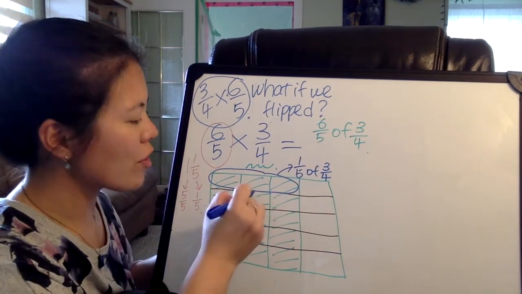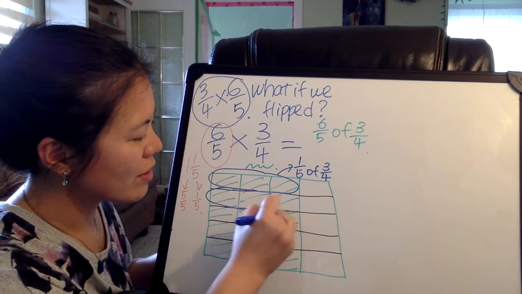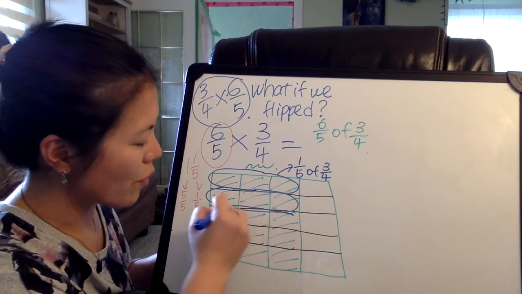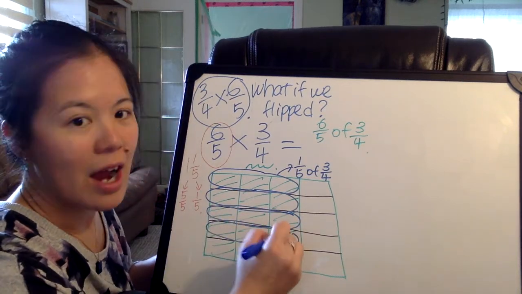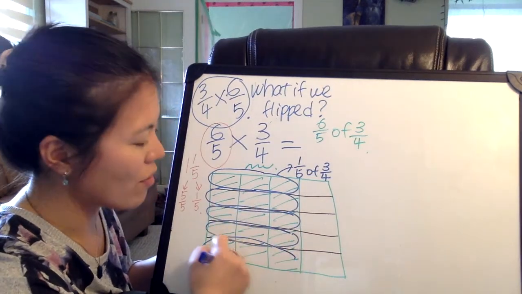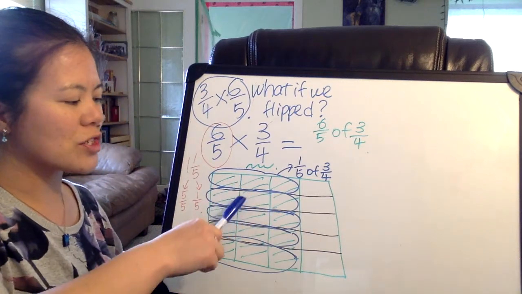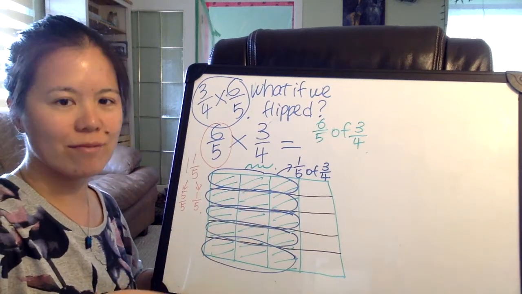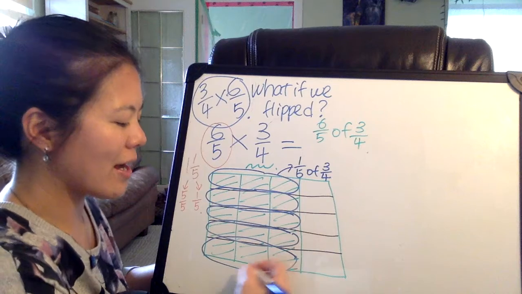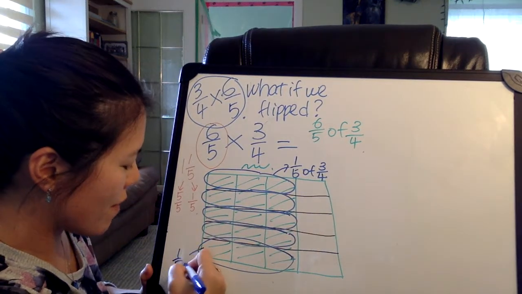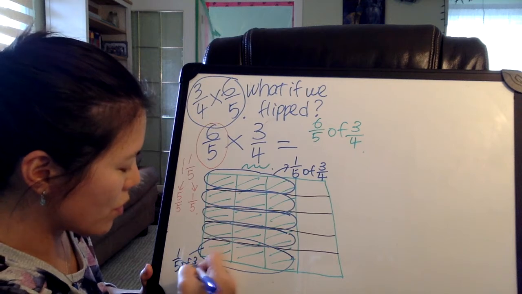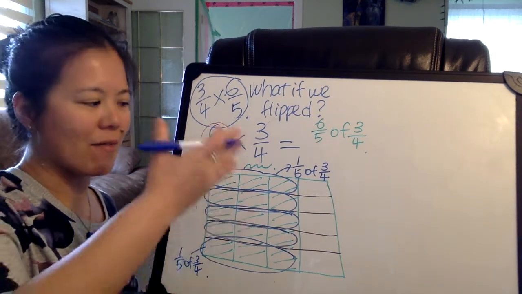I have another 1/5 right over here, another one over here, another one over here, and another one over here. I have 1, 2, 3, 4, 5. So all of this is 1/5 of 3/4, right? And then I have 5 bits.